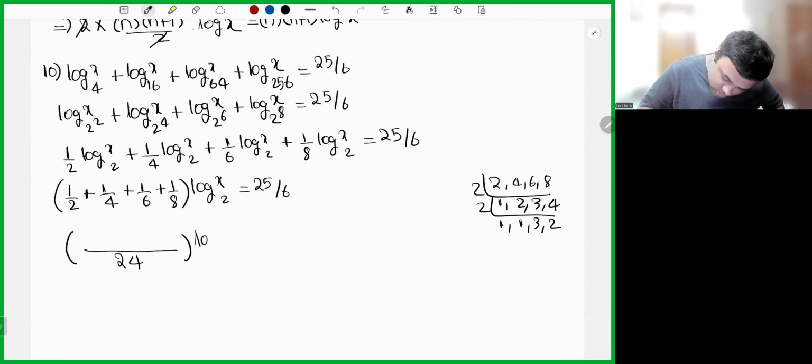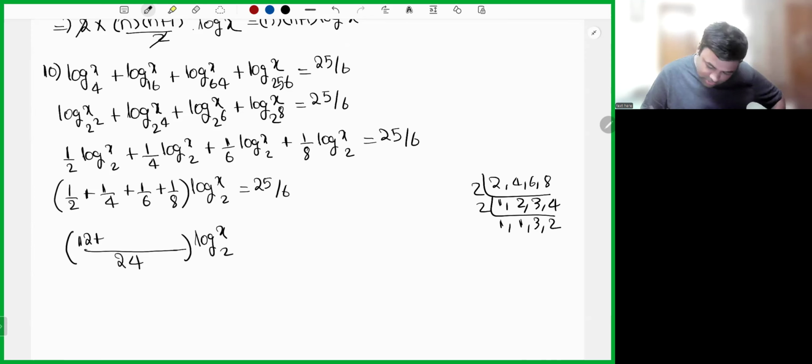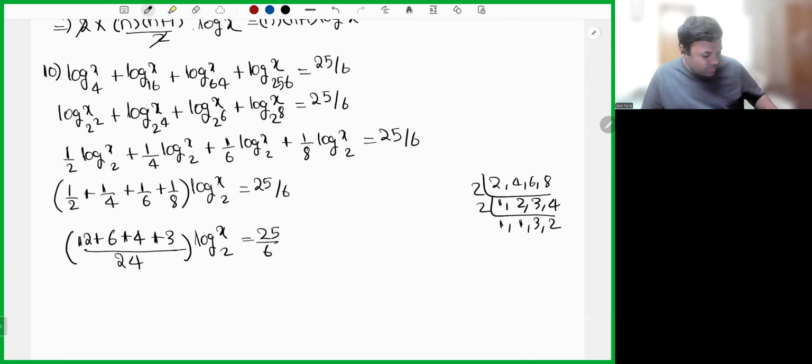To log x base 2. 2 into 12, 24. Plus 4 into 6, 24. Plus 6 into 4, 8 into 3, equals 25 by 6. Now, 12 plus 6 plus 4 plus 3.